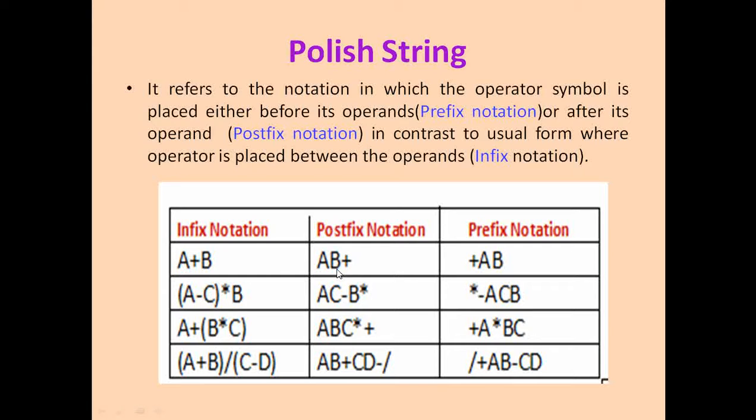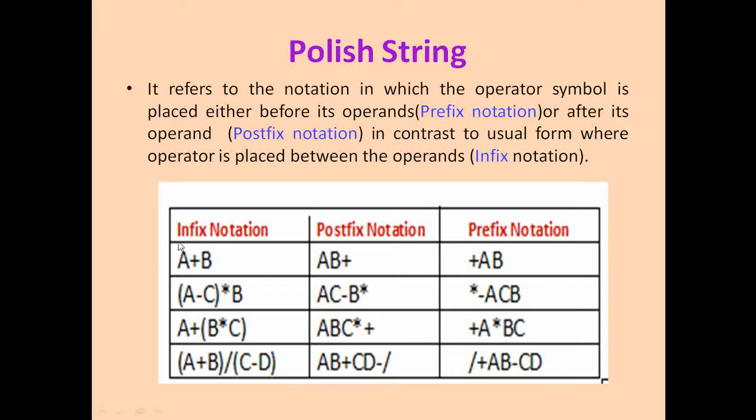So it shows the operands are written first and the operator comes at the end, so on the right hand side of the operands. Similarly, in prefix notation, the operator comes before the operands, that is first the operator plus and then the operands a and b.